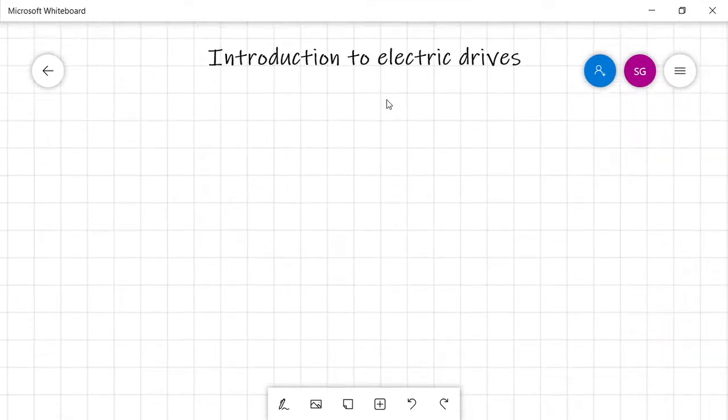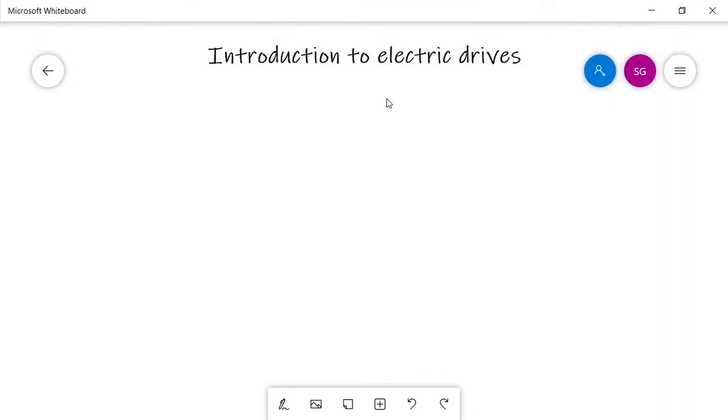So, why this subject? Actually, modern day applications such as electric propulsion, pumps, fans, compressors, robotics, and industries such as steel and paper mills, they all are running at variable speeds.